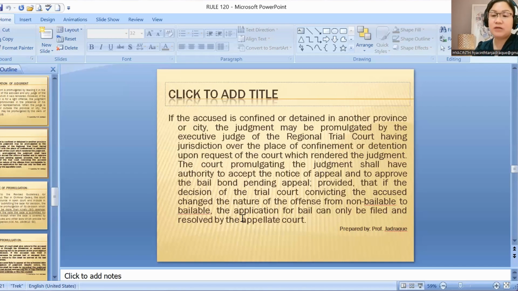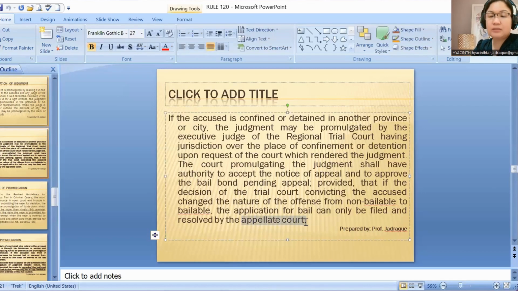In the RTC who promulgated the judgment? No, but in the appellate court. When would this be possible? If the charge of the accused changes its nature from non-bailable to bailable.